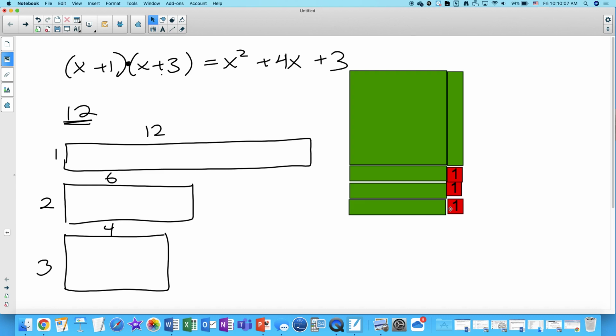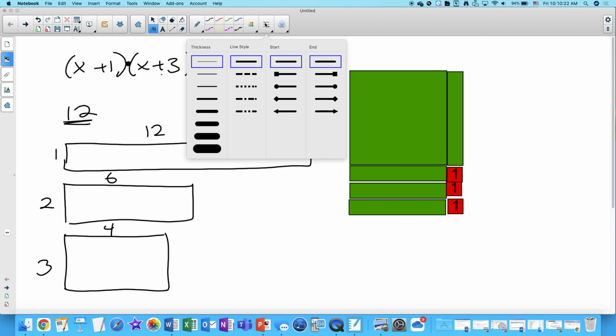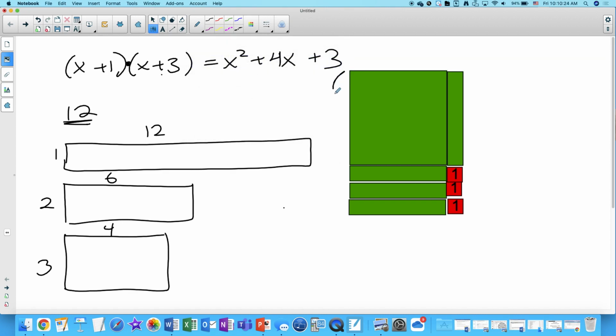Now, what are the factors going to be? The factors are the side lengths, right? When I had an area of 12, the factors were the side lengths of that rectangle. So this side length over here, this is x plus 1, 2, 3. This is x plus 3.